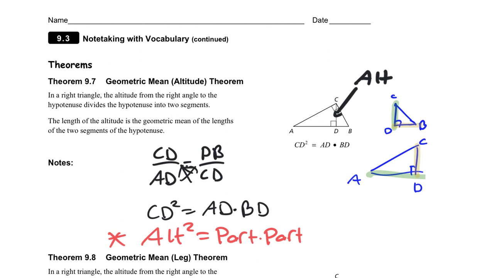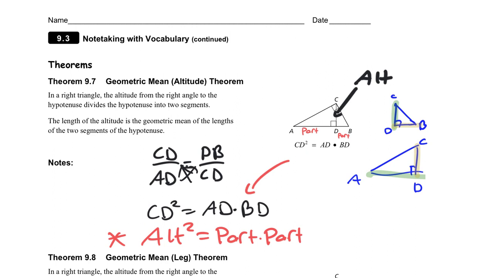I have a part between A and D and another part between D and B. And so if I multiply those together, that equals my altitude being squared. So this is the main equation here. Instead of memorizing it with CD squared equals AD times BD, you would want to think of it as the altitude squared is equal to the two parts of that hypotenuse multiplied together.